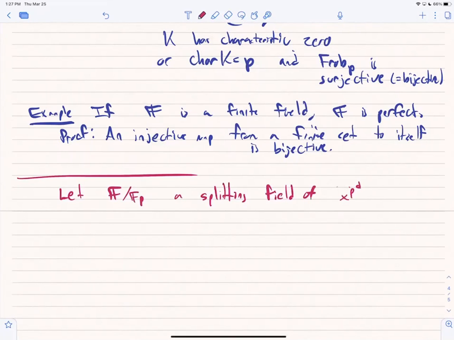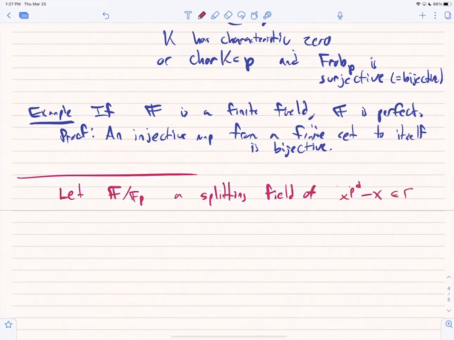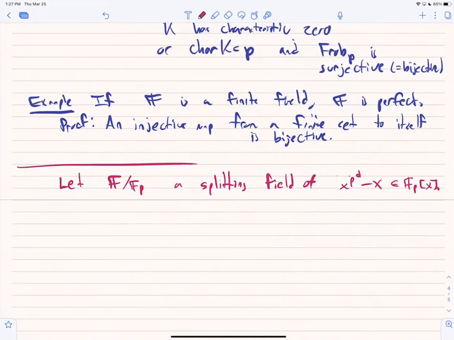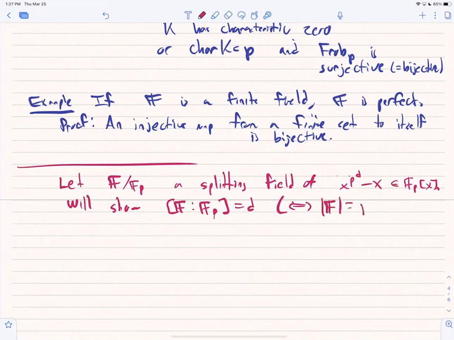It's the splitting field of x^(p^d) - x, which is a polynomial in F_p[x]. So I'm going to show that F is degree d over F_p, which is the same as saying, and this is something we've already seen, that the size of F is equal to p^d.